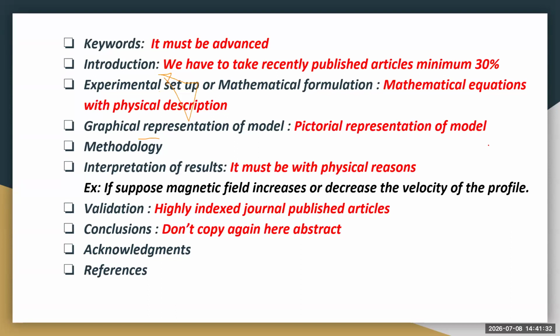The next one is the graphical representation of the model, which will be pictorial. Sometimes if you are working with some kind of algorithm, you may have a pictorial representation, but most of the time we have a graphical representation of the model in terms of an image. Whatever assumptions we made, according to those assumptions we make the model in a structured way, and we may give it in image format.